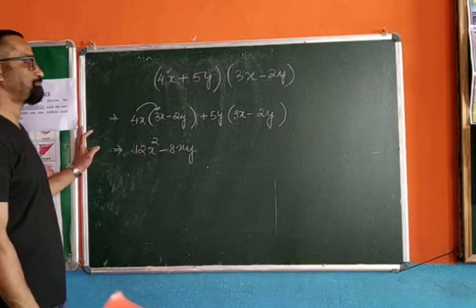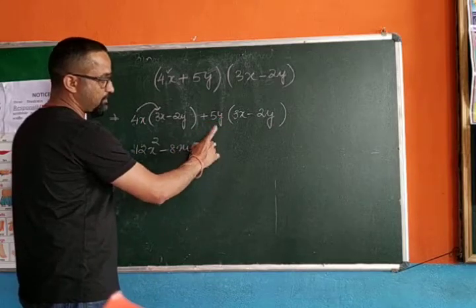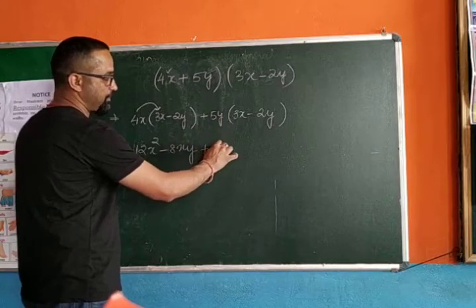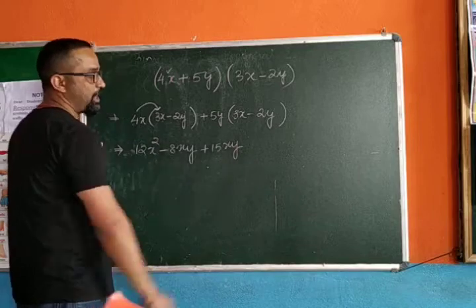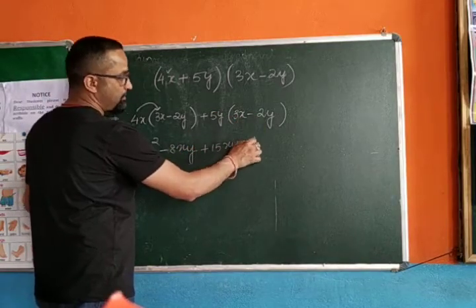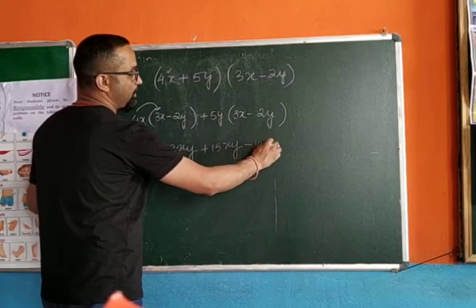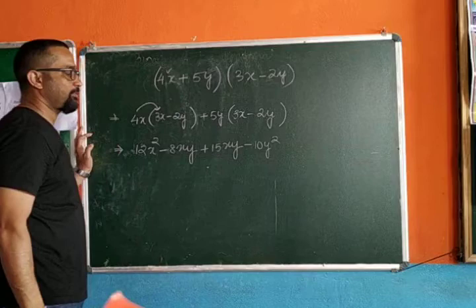Unlike terms. Plus multiplies plus is plus. 5 into 3 is 15 xy. Plus multiplies minus is minus. 5 into 2 is 10. Y into y is y squared.